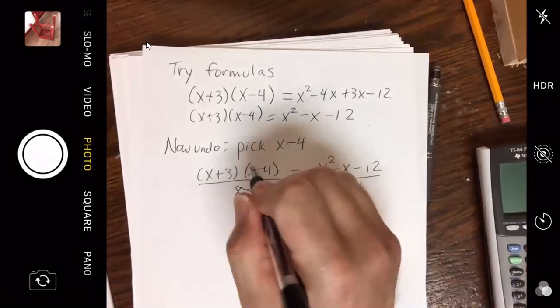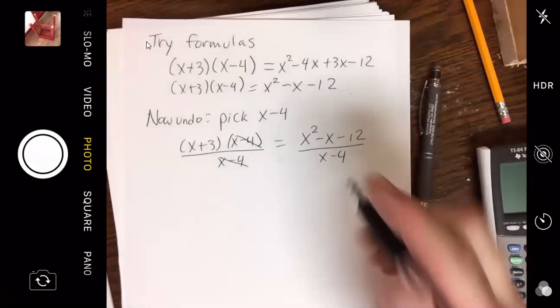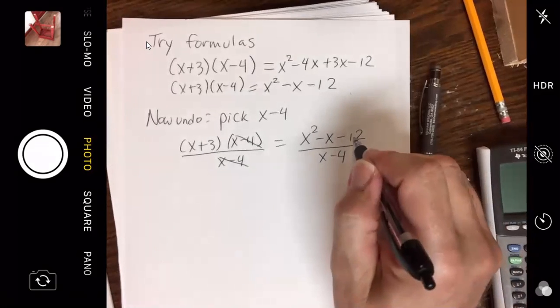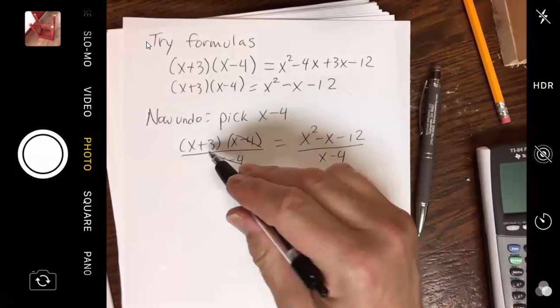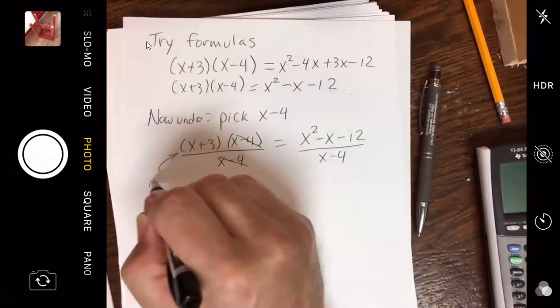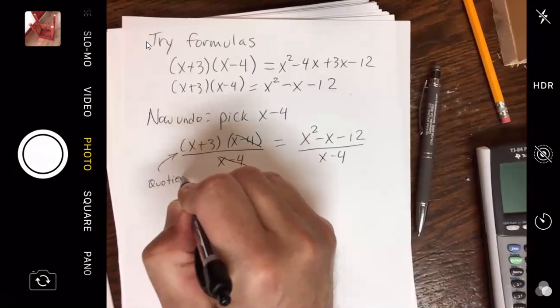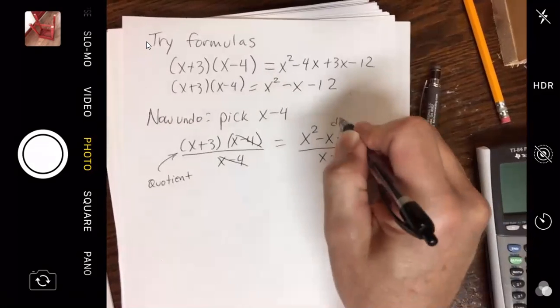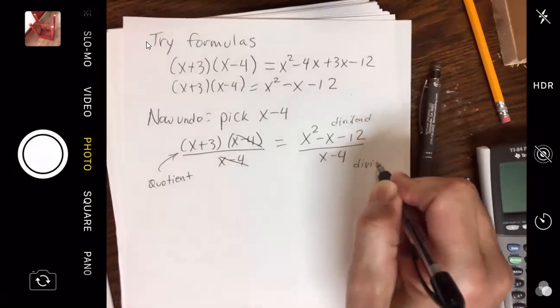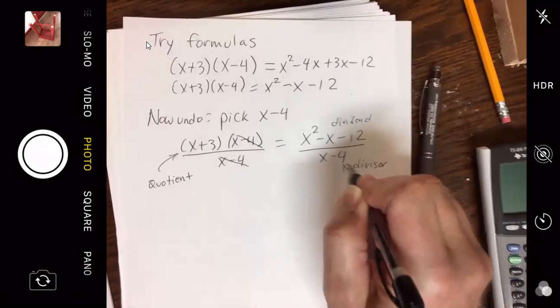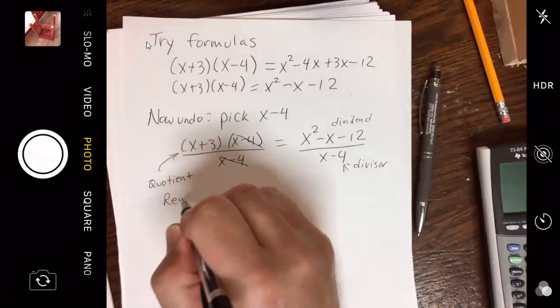You'll cancel here. So if I take this formula, this quadratic, and divide it by that factor, I've got to get this. This would be my quotient. Dividend, divisor. Remainder equals 0.